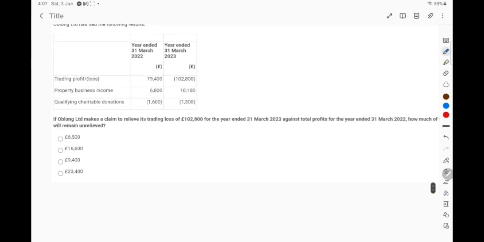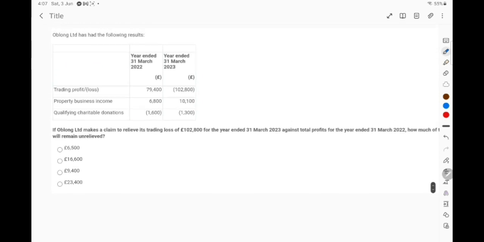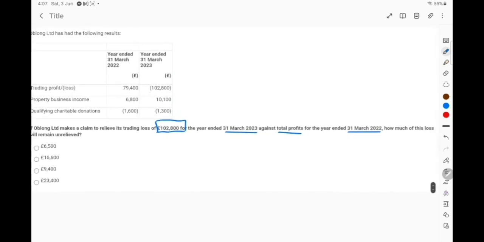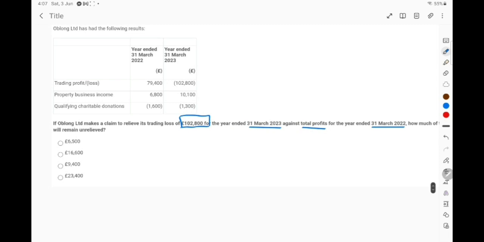Next question. Oblong Limited has the following results: trading profit, property business income, and qualifying charitable donation. If Oblong Limited makes a claim to relieve the trading losses of 1,02,800 for the year ended 31st March 23 against total profit for the year ended 31st March 22, how much of this loss will remain unrelieved?